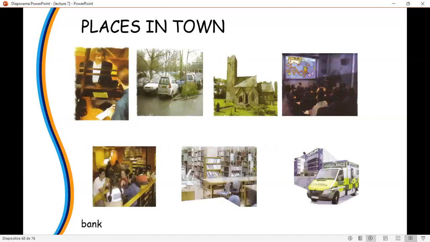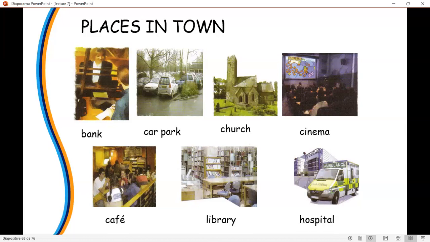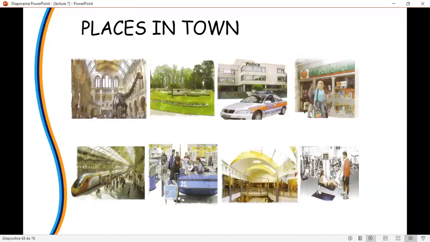Places in town. Bank. This is a car park, parking. This is a church. This is a cinema, a cafe, a library, a hospital, a museum. This is a park.